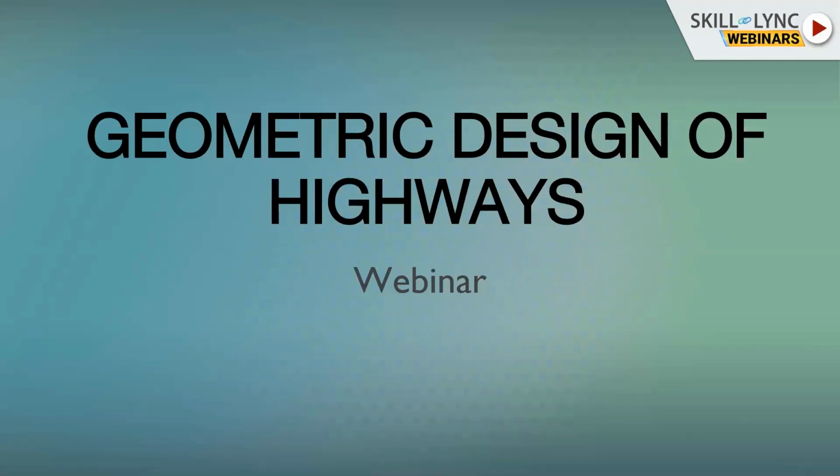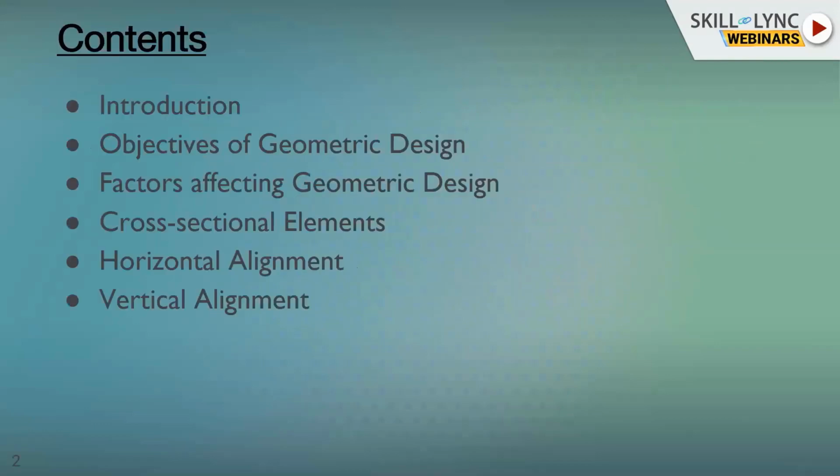In this presentation, I'm going to cover the introduction, an overall top view of highway geometric design, and the objectives, meaning the important things you need to focus on. These are the primary things you always have to keep in mind while designing.